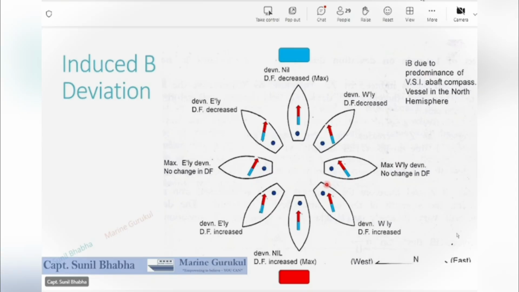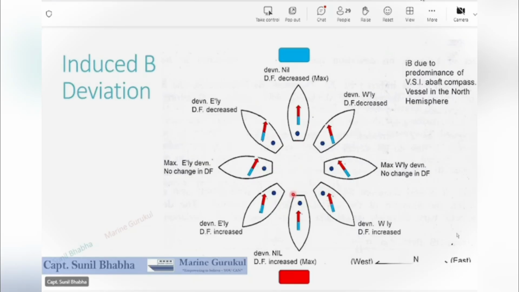Any pole, when it generates deviation, generates maximum deviation when it is at right angles to the field of the Earth. So when it is at right angles to the Earth's magnetic field, it will generate maximum deviation. And when it is aligned with the Earth's magnetic field, which is running north-south, then when a pole comes north or south of the compass needle, it does not generate any deviation at all.